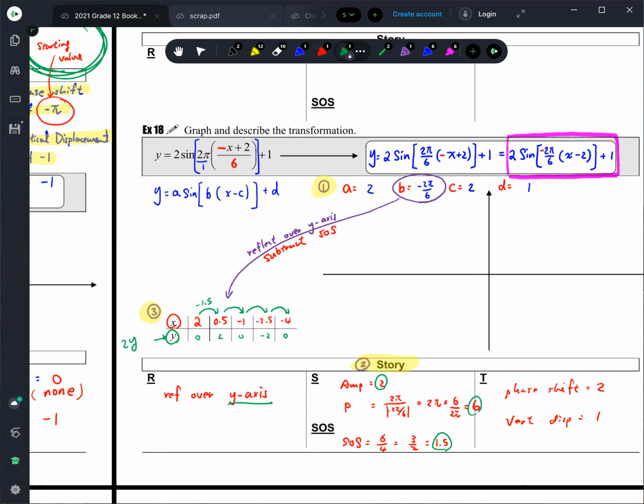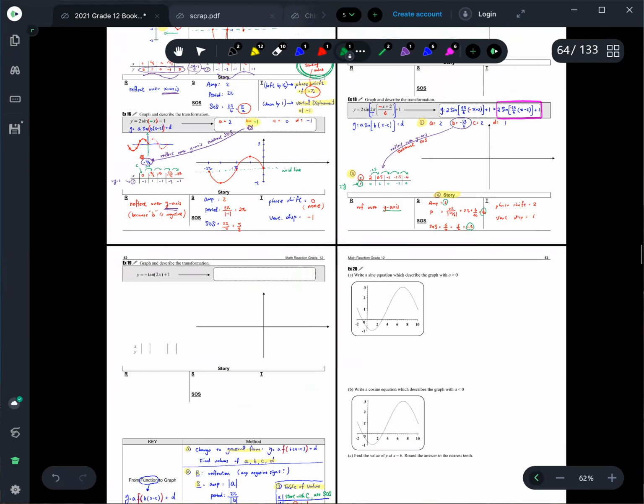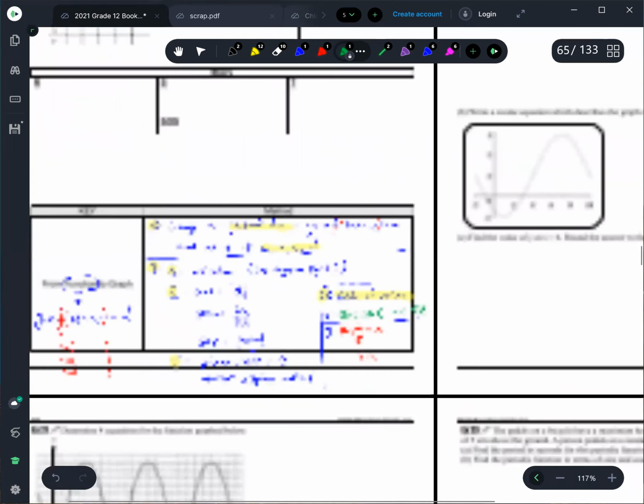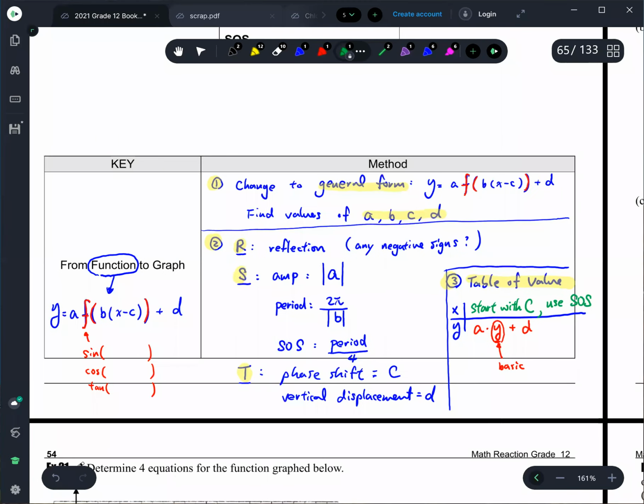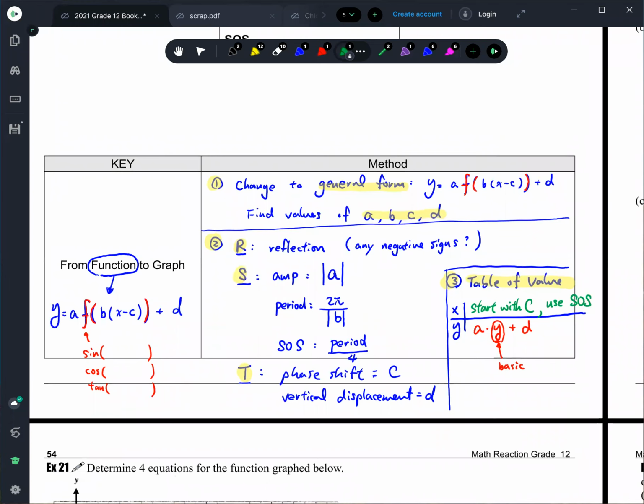Did you write it down in your summary? No, I didn't. Oh, okay. You guys got to copy the notes down properly, okay? Look at the summary. Make sure you got it down. What's in the summary? How do we get a y value? A times y plus b.